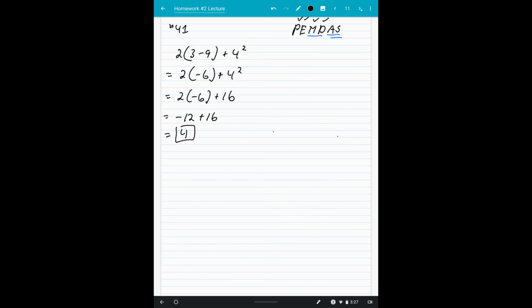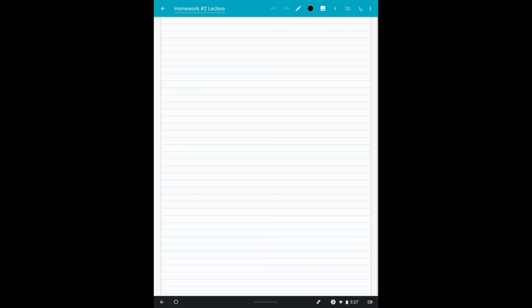Now, finally, lastly, we're going to deal with algebraic expressions. So let's talk about algebraic expressions. An expression in math is a set of numbers, adding, subtracting, multiplying, dividing, or just a number by itself. So if I have something like 2 plus 3 to the second power, this is called an expression.